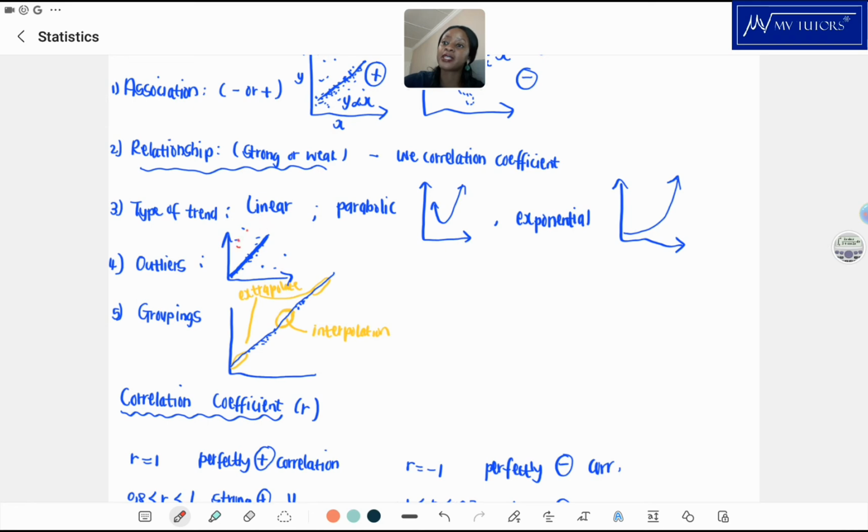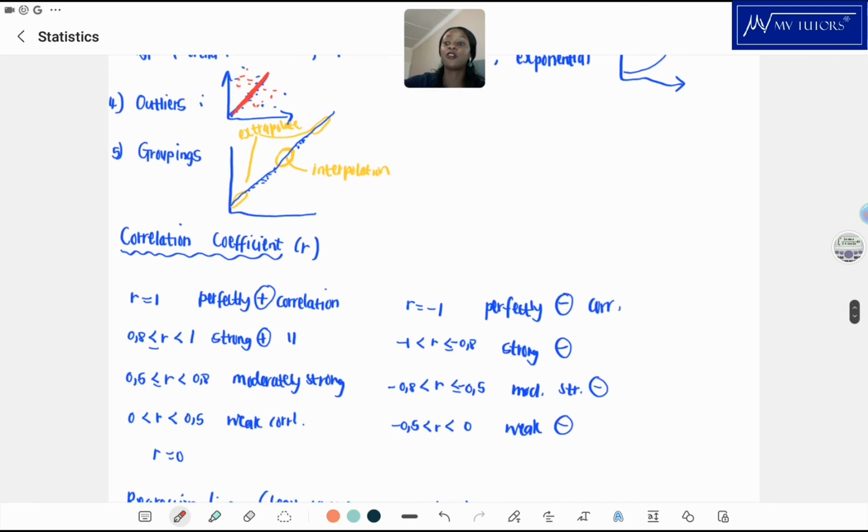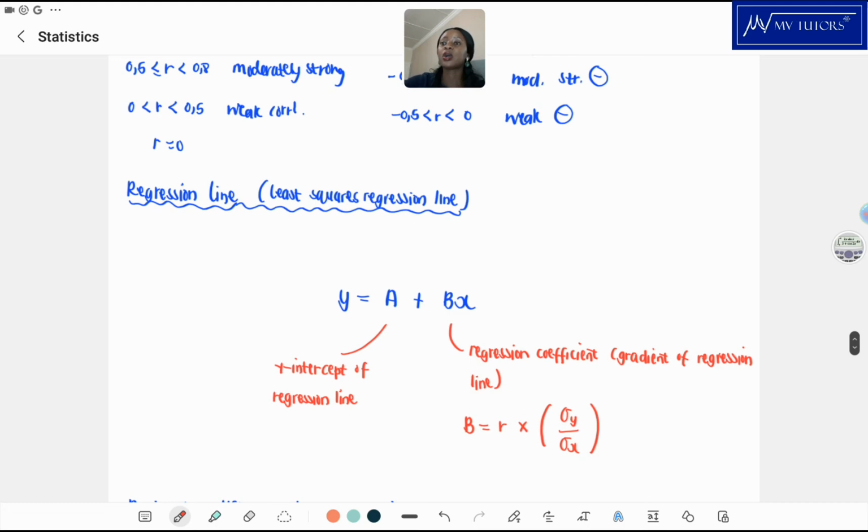So you have your data set, maybe somewhere here, your regression line would be that, okay. So the line of best fit, or they call it the least squares regression line. And because in matric we're only examined on the linear trend, this would be the equation. I hope it reminds you of y is equal to mx plus c. It's just the c would be the a in this case, the m would be the b.